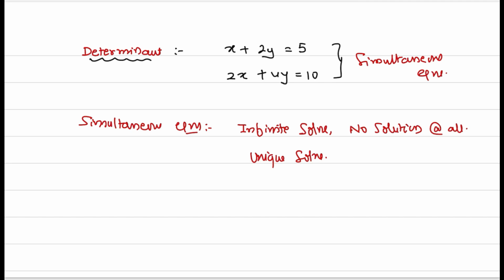You tell me, in the equations x plus 2y is equal to 5 and 2x plus 4y is equal to 10, how many solutions are there? Because both equations represent the same thing. From this, what can we say? x is equal to 5 minus 2y.